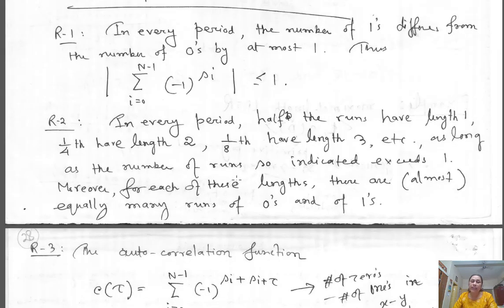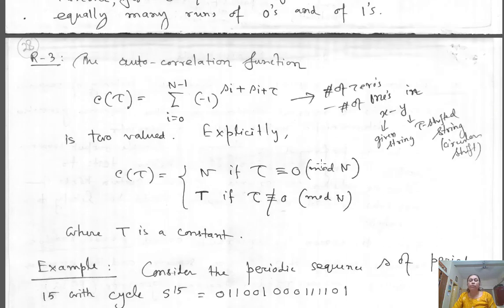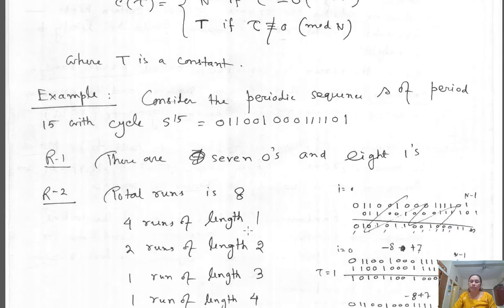So it says in every period you count how many runs there are. Then it should satisfy this property. Half of the runs should be of length 1, 1/4 should be of length 2, 1/8 should be of length 3, like that. So I have a total of 8 runs here. So half of it should be of length 1. So there are 4 runs of length 1.